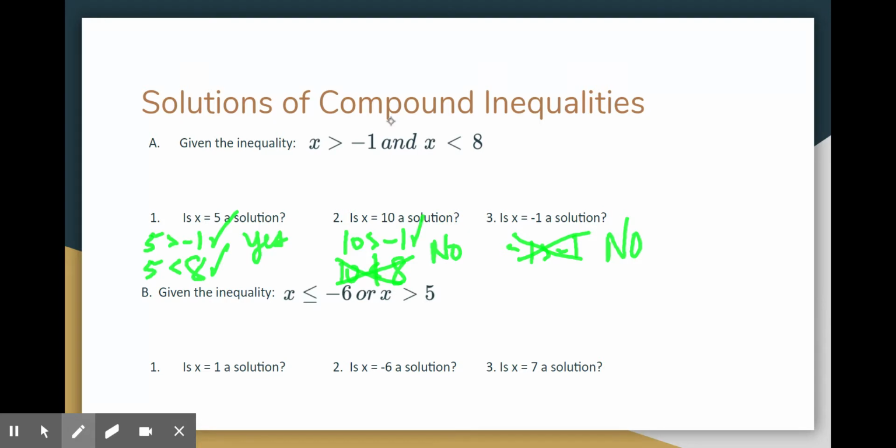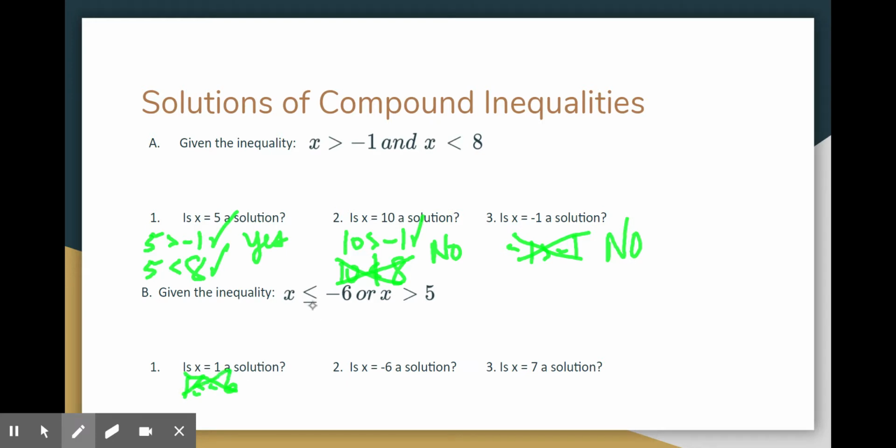That's for the and inequality. What if the inequality was an or? Let's take this one. X is less than or equal to -6 or x is greater than 5. I want to know if x equals 1 is a solution. First, is 1 less than or equal to -6? No, it's not. But it's an or.